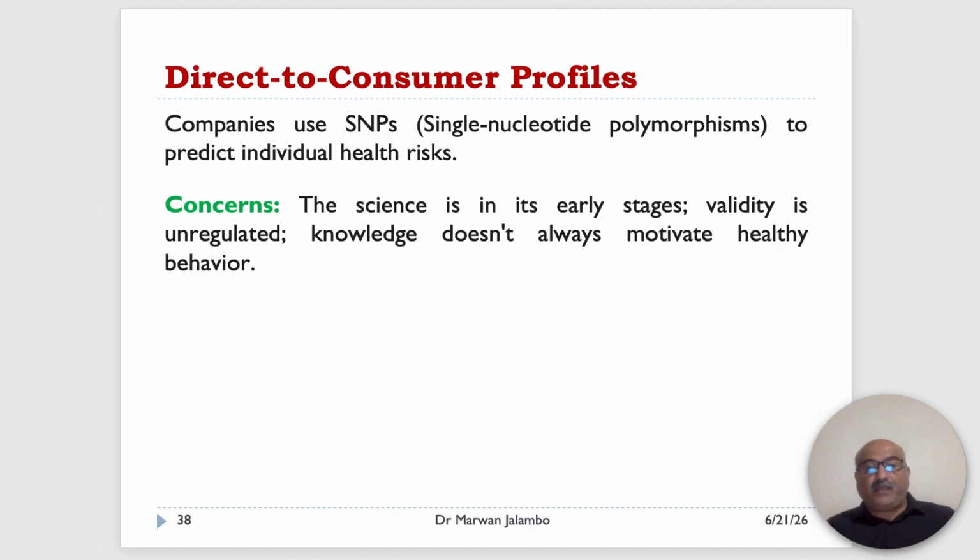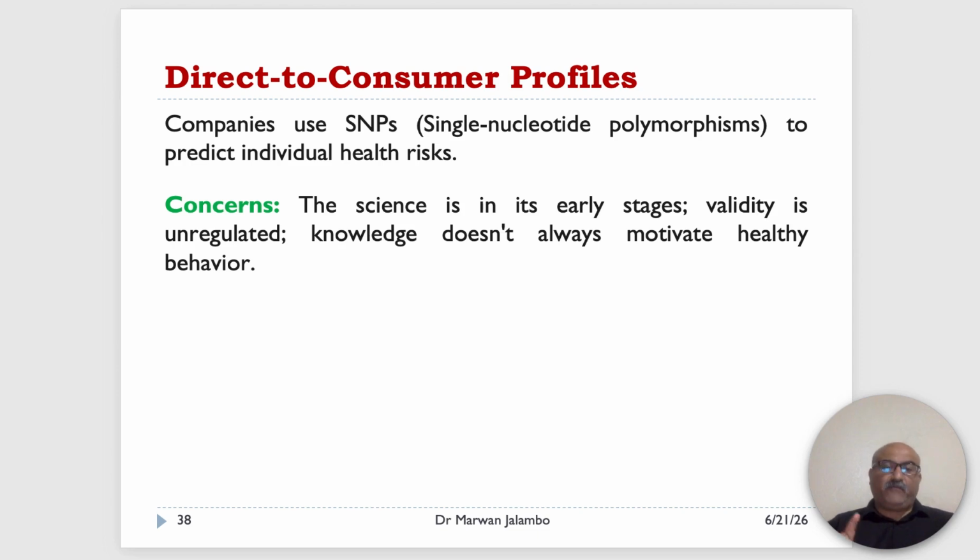Direct to consumer companies allow the general public to mail in their saliva and receive a profile of their single nucleotide polymorphisms. They use this to estimate risk of Alzheimer's, Parkinson's, and heart disease.